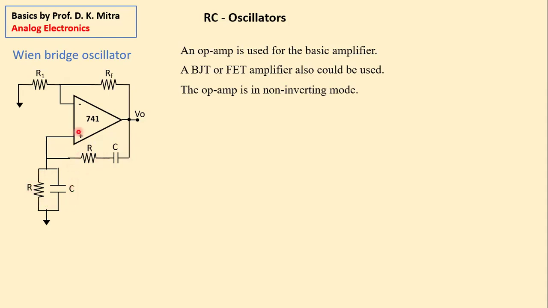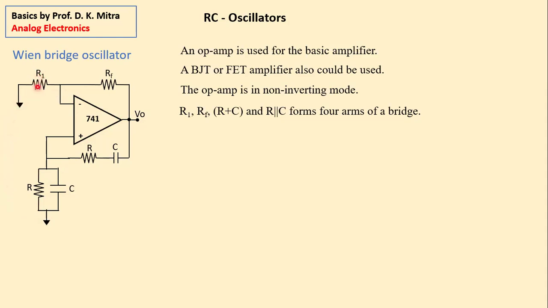Here, this R1, RF, and this RC in series and this RC in parallel, they form a bridge. You see, these are the two diagonal points of the bridge in which there is an amplifier and it is connected to the output, and another end of the bridge is the common, because this common and this common are the same.